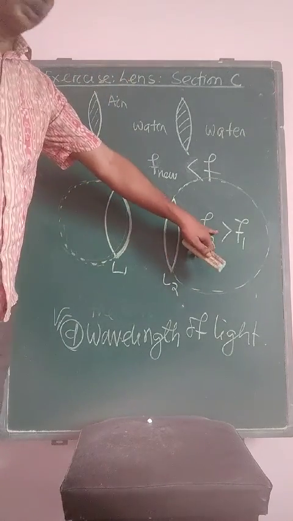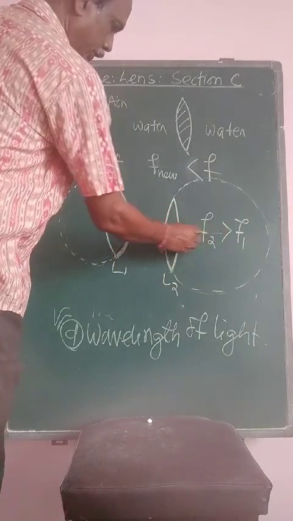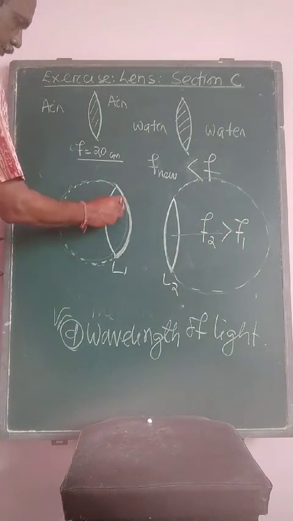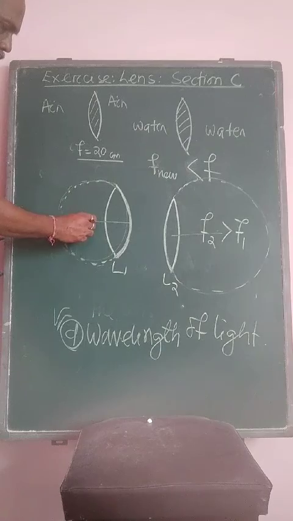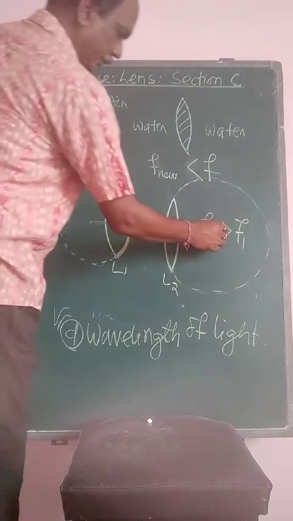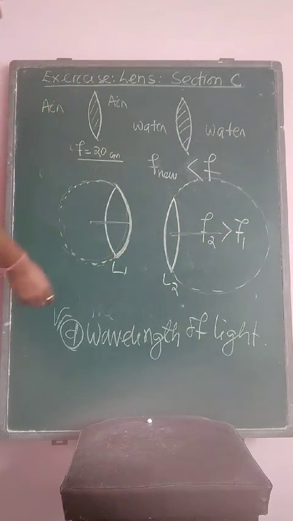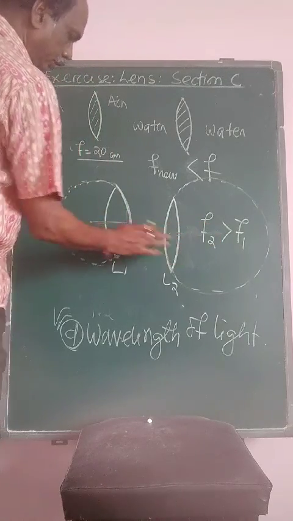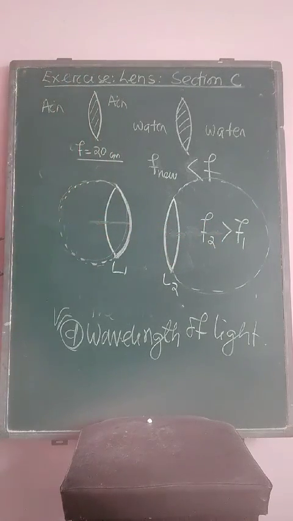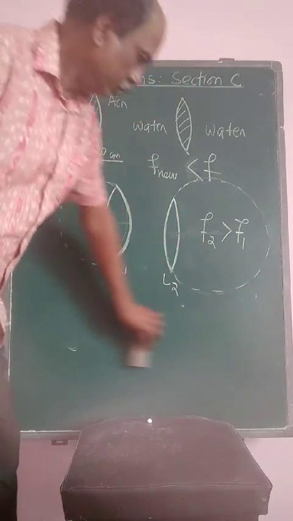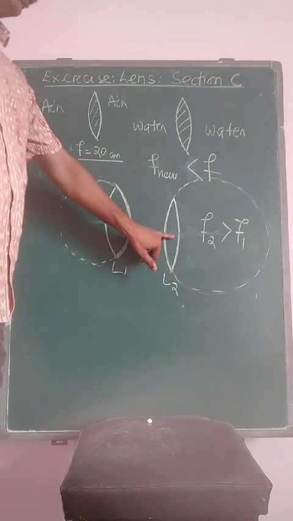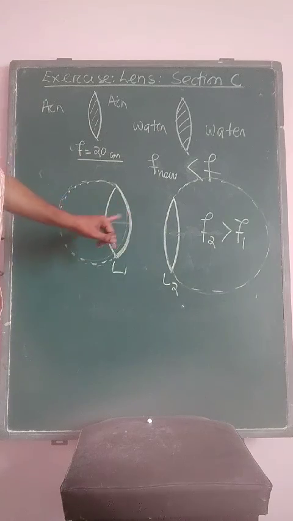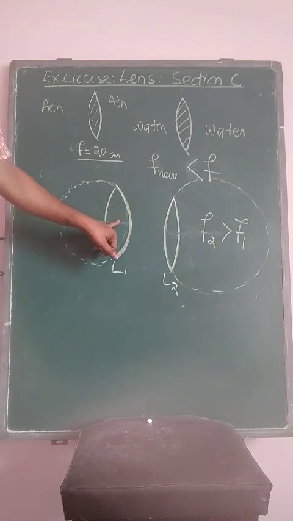So it has a greater radius of curvature because this is the radius. See? If this is the center, this is its radius. If this is the center, this is the radius. So the greater the radius of curvature, the greater the focal length of the lens. So that is why we say a thinner lens has a greater focal length than a thicker lens.